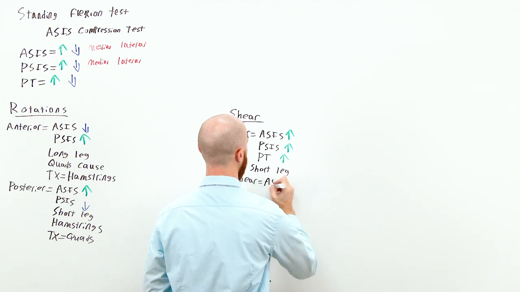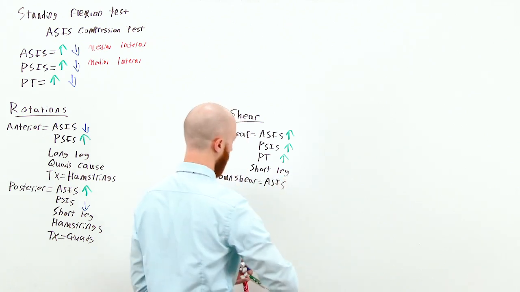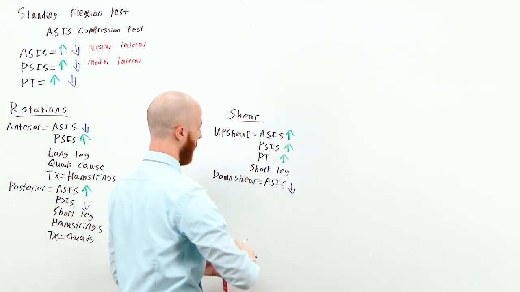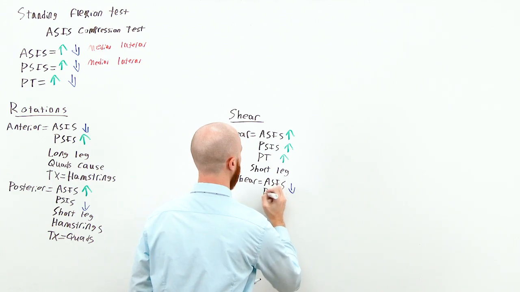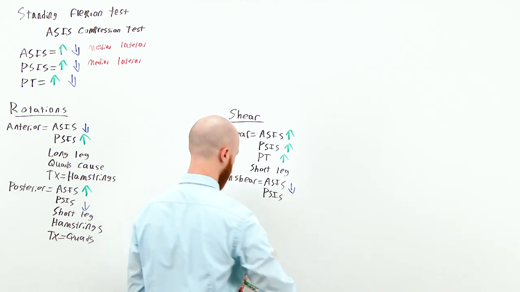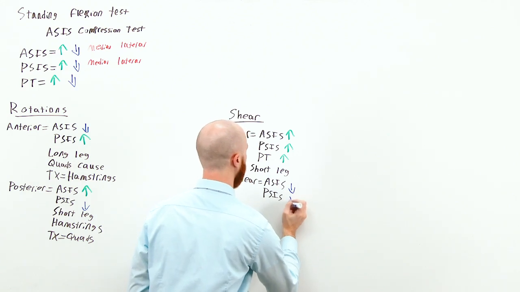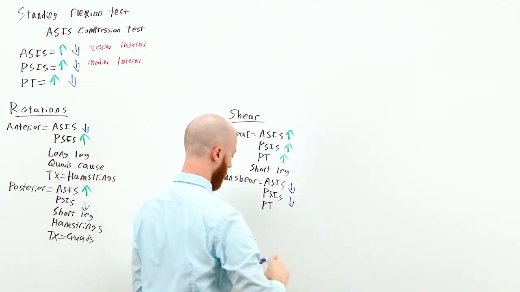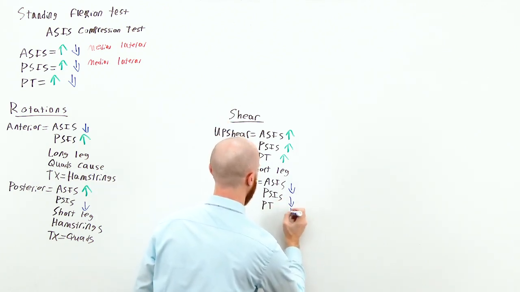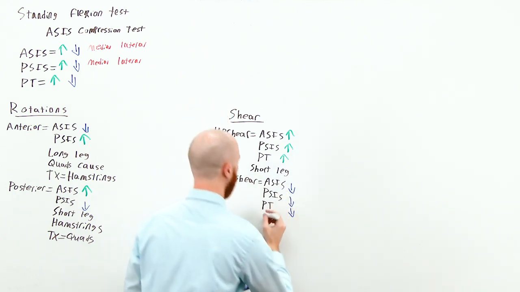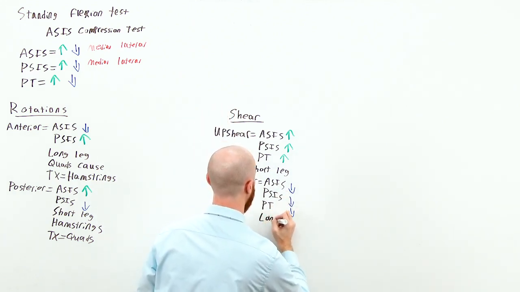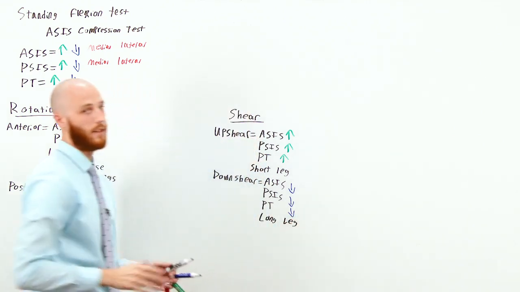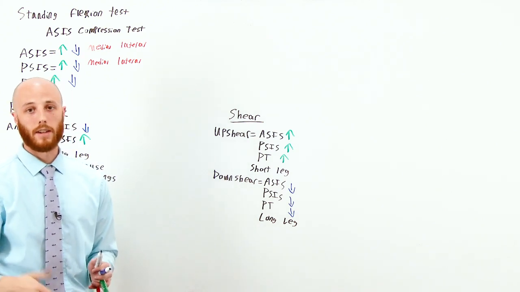So you have an ASIS that is inferior on the side of the positive standing flexion test, a PSIS that's also inferior, and a pubic tubercle that is also inferior. The leg length is going to be long. So imagine that the bones are being moved downward, you're going to have a long leg.